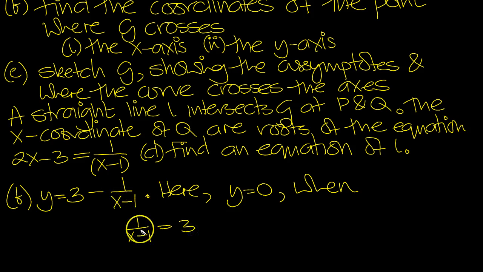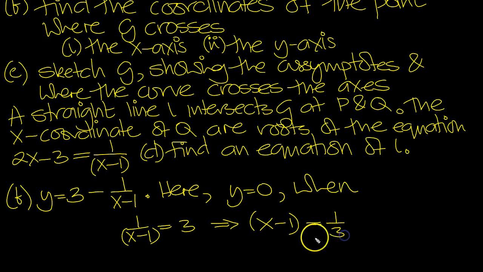Move this through the equals and we get 1 over x minus 1 equals 3. So x minus 1 equals 1 over 3, moving the divide up to times and the 3 down from times to divide. And x is equal to, add 1 to a third, you get 4/3 when you move the 1 over. So x is equal to 4/3, y equals 0.